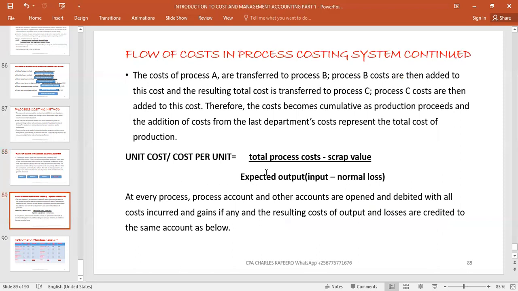So if we've got the total cost we've incurred in the process, and we said we expected to incur normal losses, other losses may also come as a result. The products come out, but they are not of good quality.